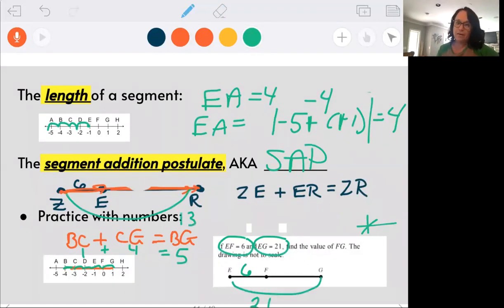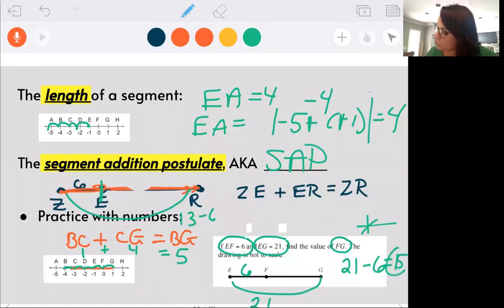Then you have to say, all right, to get from Elk River to Rogers, I got to remove that 6 miles that I already went. So that's the same thing here. For me to figure out the length from F to G, remember with no symbol above it, it means its measure, its length, its distance, I would just do 21 the whole way minus the piece I already drove, which is 15. So I would say FG equals 15.